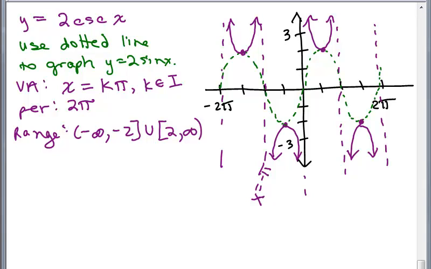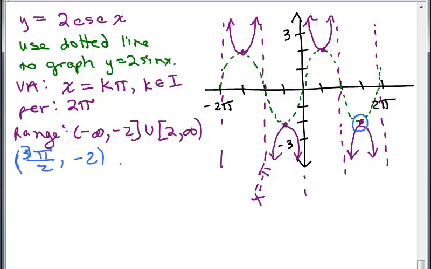Now, it's not a bad idea to always just check that one ordered pair is actually correct. So let's say we want to make sure this really is correct. So what ordered pair is that? Well, this is pi, let's see, pi over 2, 2 pi over 2, 3 pi over 2, right? So that's 3 pi over 2, -2.